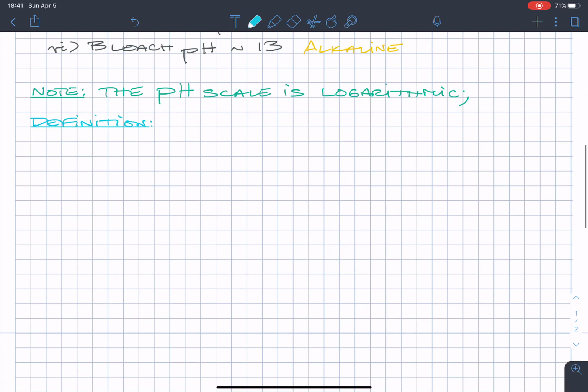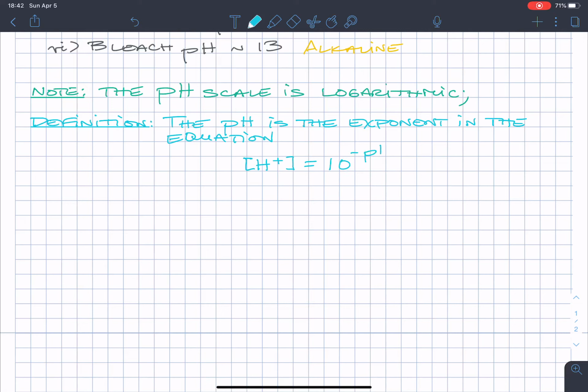Okay, so the pH is the exponent in the equation: hydrogen concentration, capital H plus inside of brackets, is equal to 10 raised to the negative pH.